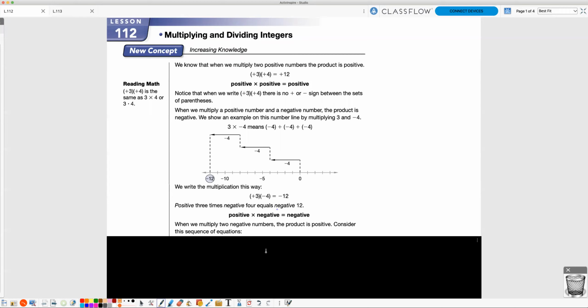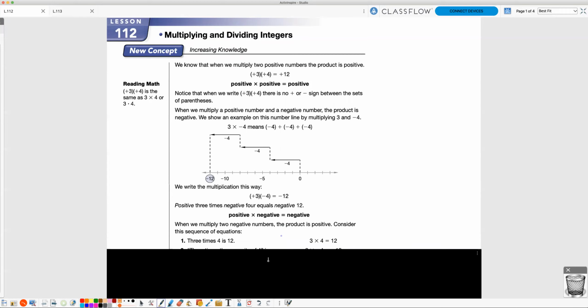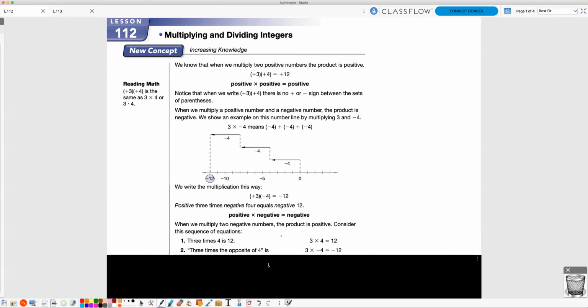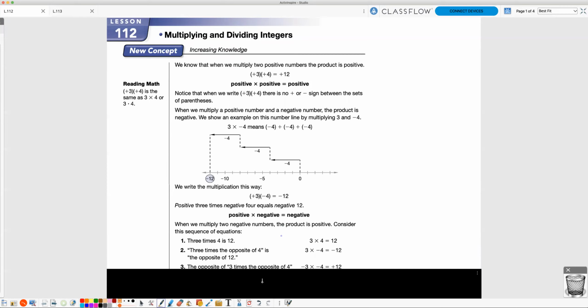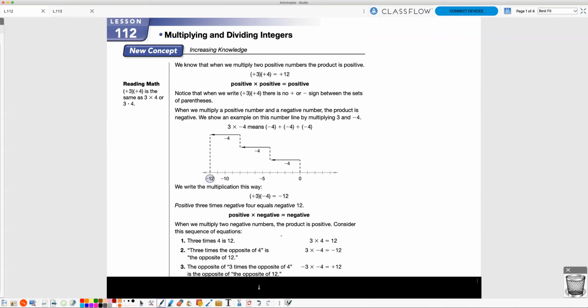When we multiply two negative numbers, the product is positive. Consider this sequence of equations. 3 times 4 is 12. 3 times the opposite of 4 is negative 12. The opposite of 3 times the opposite of 4 is the opposite of the opposite of 12.